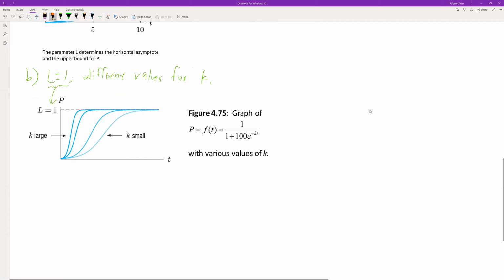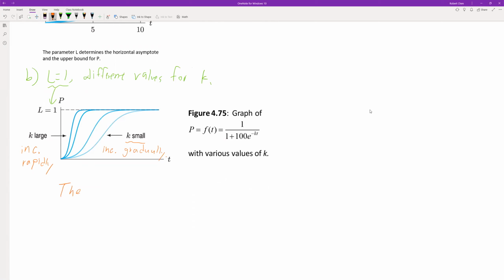We can see that when k is small, it's increasing gradually. It's not increasing that fast. And when k is large, notice that it shoots up really fast towards the upper bound and then flattens out really fast. So when k is large, it increases rapidly. How does the value of k affect our function?